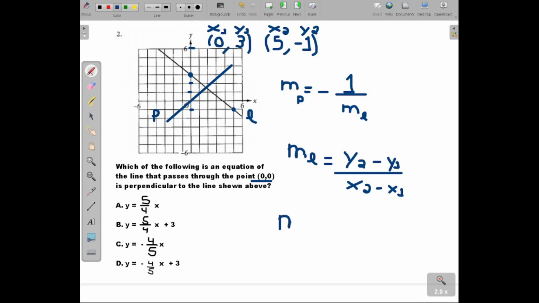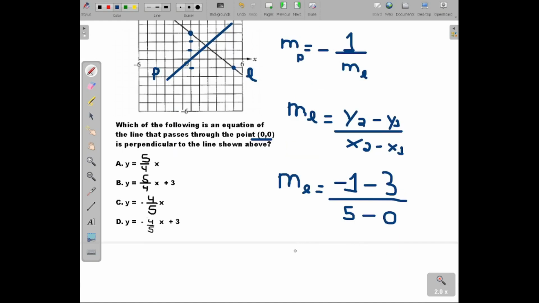We just replace those values in the slope formula. The slope is equal to y sub 2, which is negative 1, minus y sub 1, which is 3, divided by x sub 2, which is 5, minus x sub 1, which is 0.